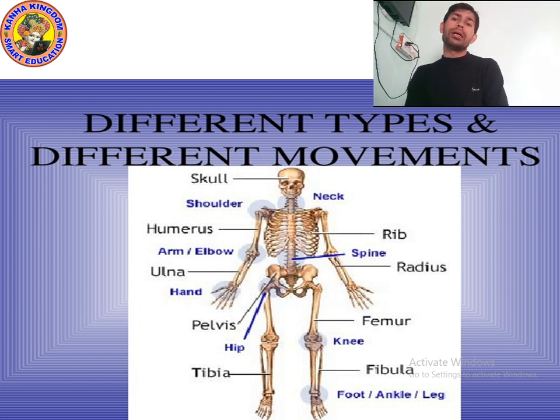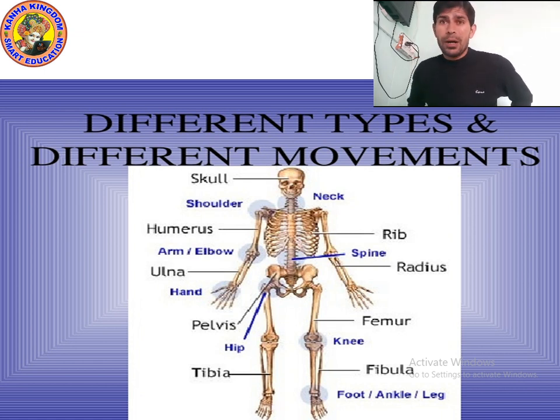The bone above the elbow is known as the humerus, and the bone below the elbow is known as the ulna. So humerus and ulna form our arm. Remember, humerus is the upper bone above the elbow, and ulna is the lower bone.